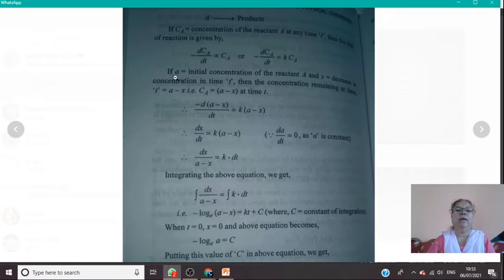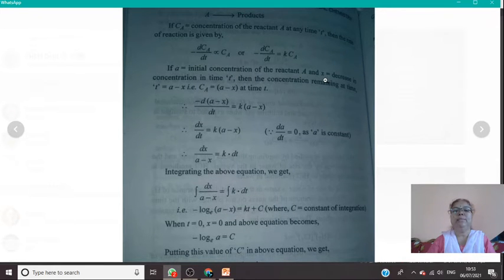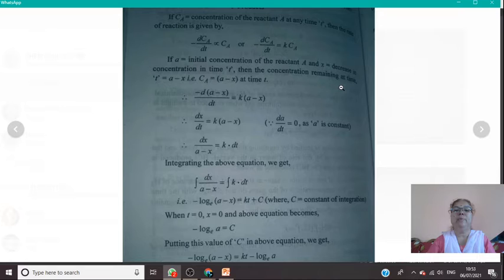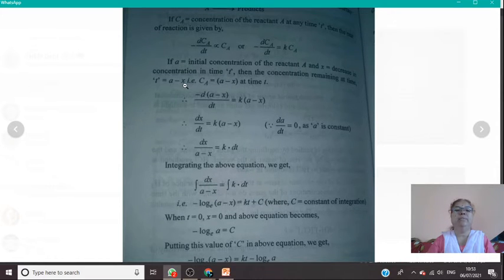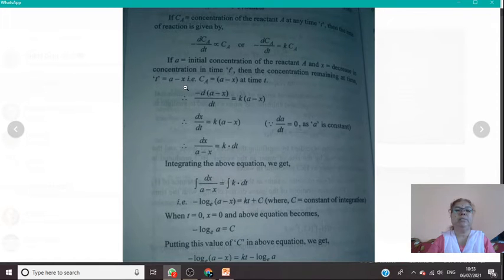Then if we consider small a as the initial concentration of the reactant A and x is the decrease in concentration in time t, then the concentration remaining at time t is a minus x. This a is the initial concentration.